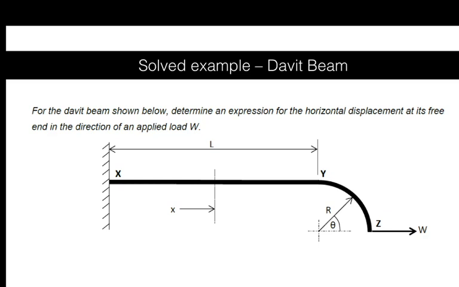So you can see the length L, and you have taken a general point X from the start point, and you have to consider from X to Y and Y to Z, since there are two portions of the beam.